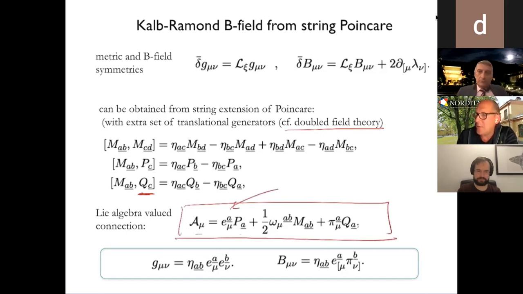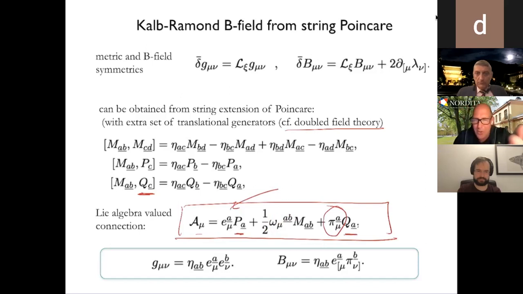The gauge generator corresponding to the translations is, as we all well know, the vielbein. This would be the spin connection, which will not enter the metric. But what I want to focus on here is the extra gauge connection that you now get that corresponds to this extra translational operator.